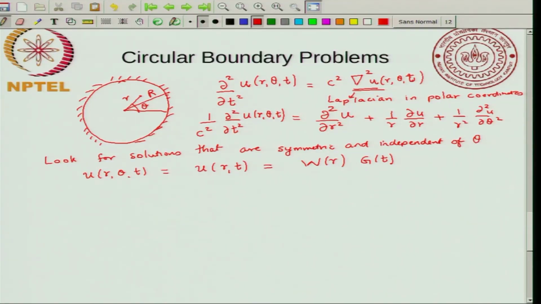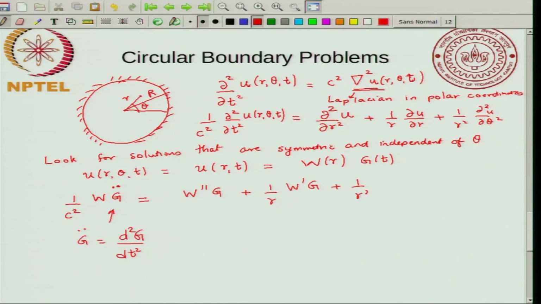Then 1 by c square times w g double dot, where g double dot is d square g by dt square, equals w double prime g plus 1 by r w prime g.